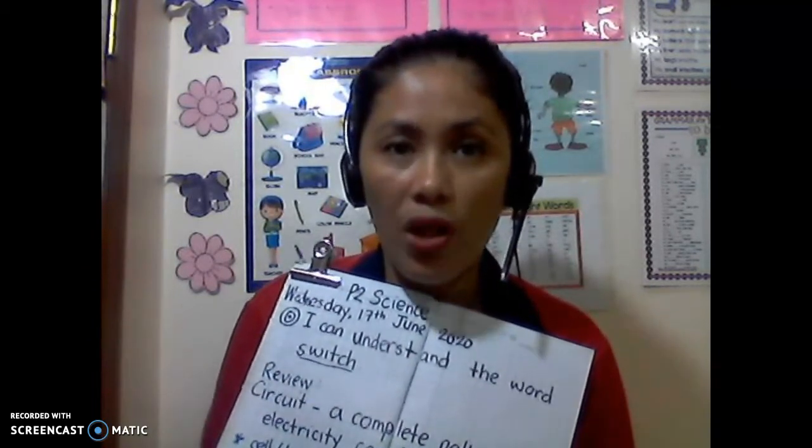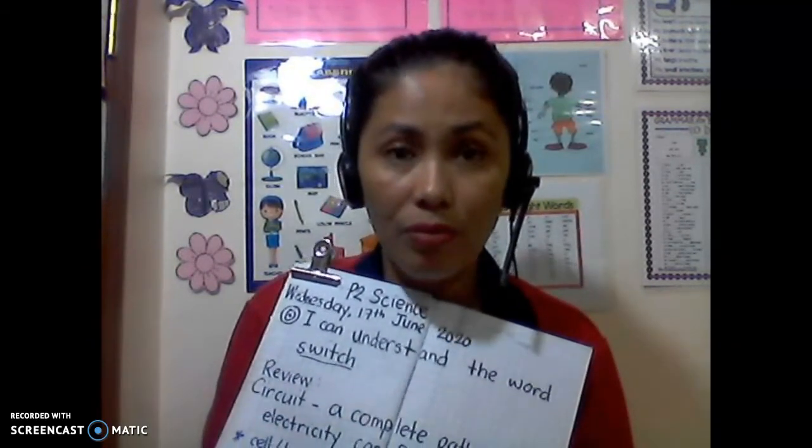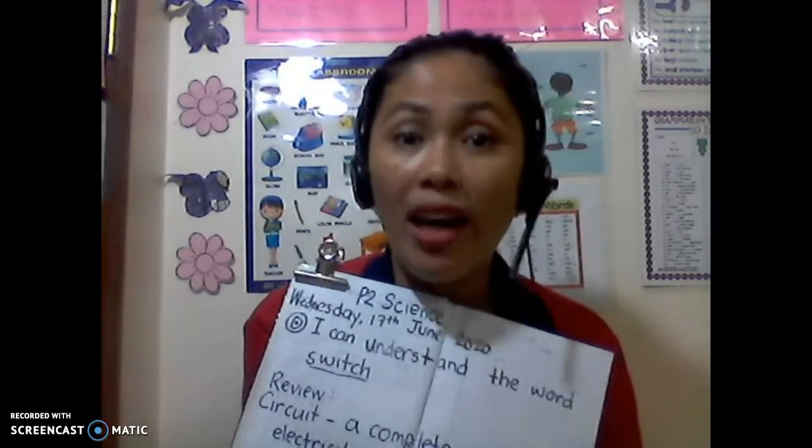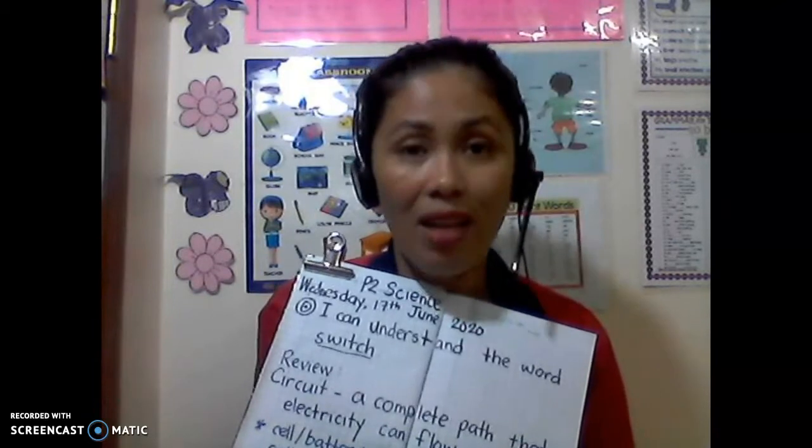When there is a gap in the circuit, it means that no electricity can flow, right? Because there's a gap. Remember this one? This is the switch is on, or closed circuit.